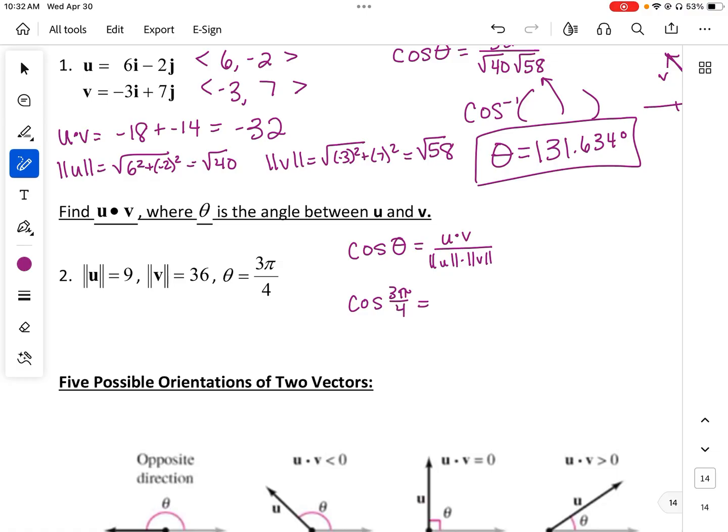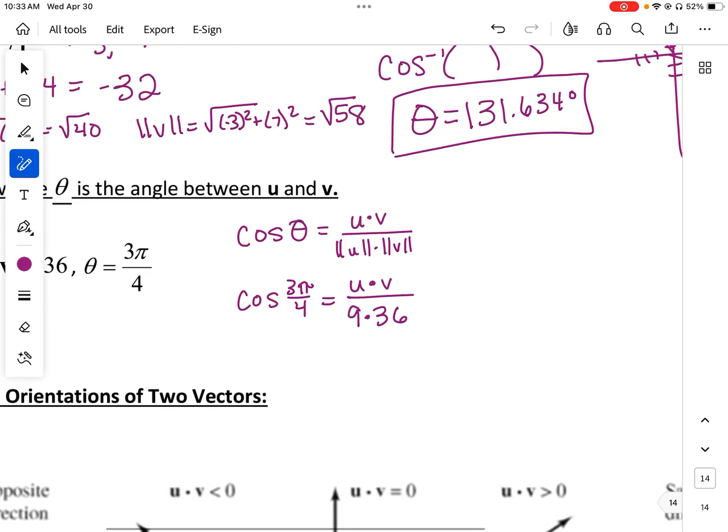We know the dot product. No, we don't. So let's just go ahead and write that. And then the magnitude is 9 times 36. Okay, so it says find the dot product. So we find the dot product by solving for it, using some algebra here.